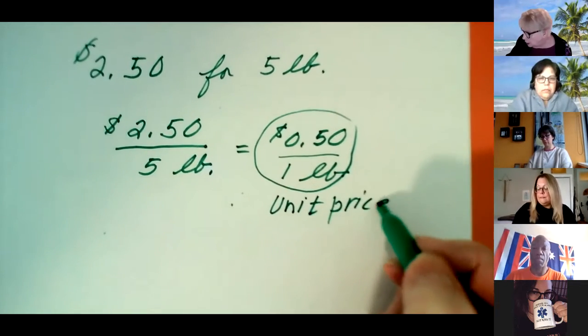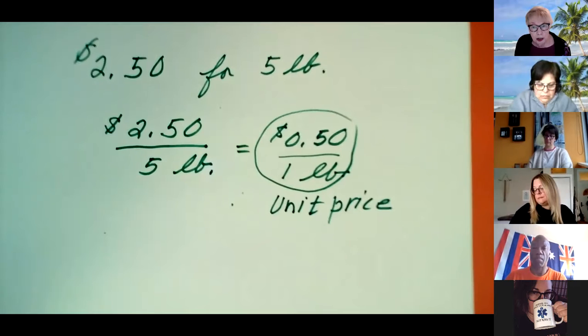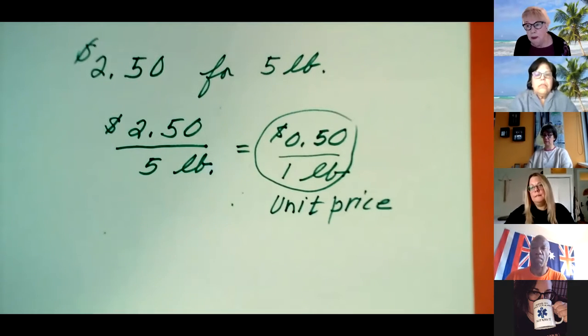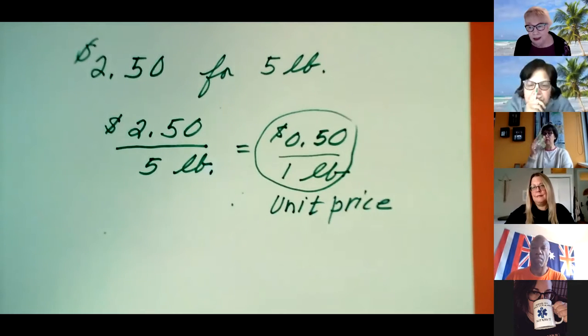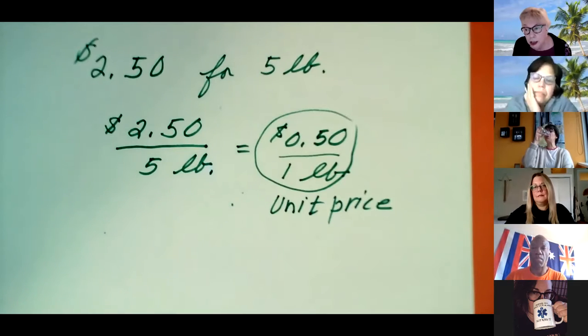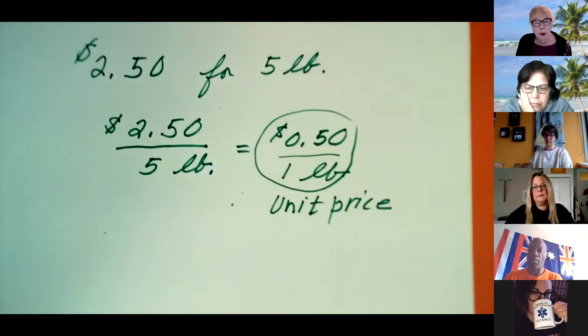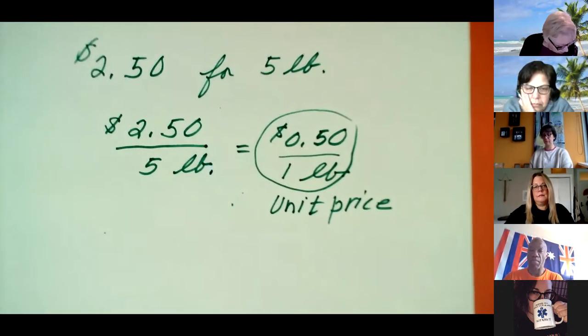And you may have noticed at some point in time, grocery stores started putting it next to items so that people didn't have to do the silly division. And it became law. They want you to see the unit price, so that you can judge one product to the next. I don't see that as much anymore, but at one point it became law. And so people like to compare, because it was different sizes and you were interested in the best deal.